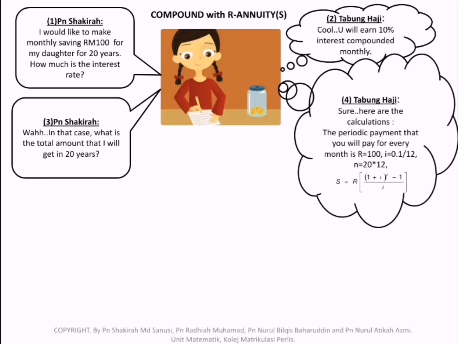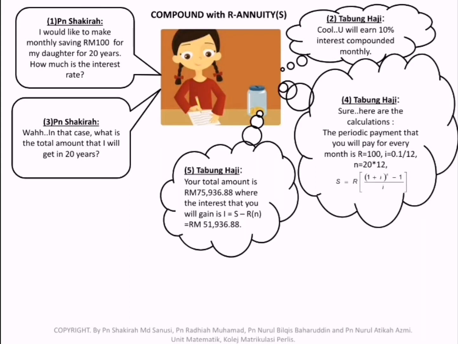After the calculation, your total amount is 75,936 ringgit and 88 cents, where the interest that you will gain is I equals S minus nR, which is 51,936 ringgit and 88 cents.